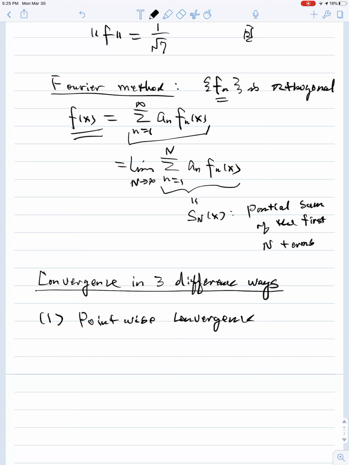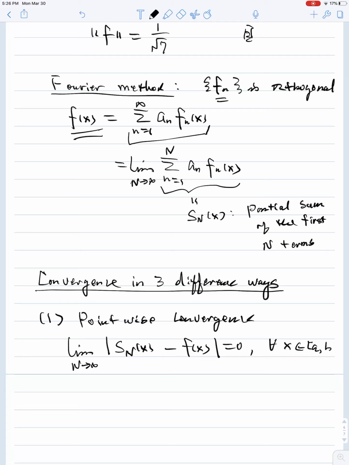That is, if you look at S_N(x) and f(x), the limit of this difference as capital N goes to infinity is 0 for any x in [a, b].